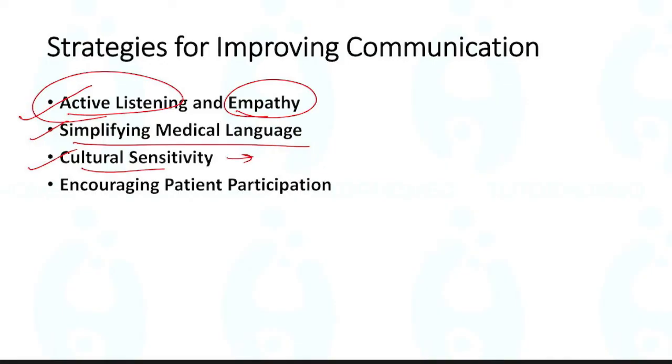Next is encouraging patient participation. Whenever the doctor is giving healthcare advice to the patient, there has to be a process where the doctor takes into consideration the patient's opinion.